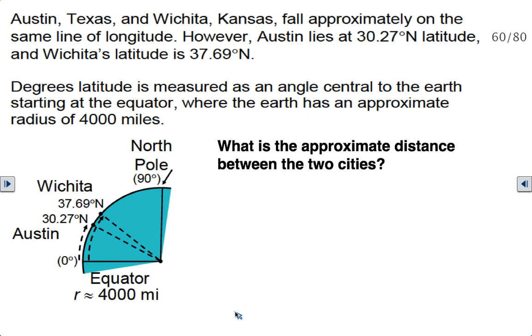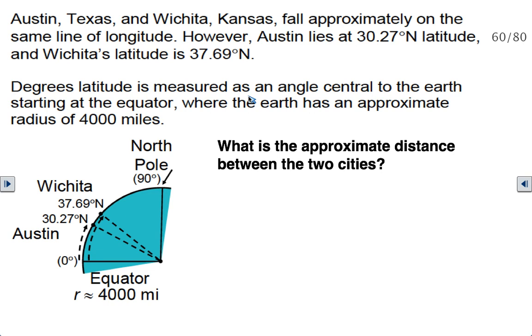Okay, so all this is, it's an application problem where we need to find the sector length, okay, or excuse me, arc length of, in this case, we're applying it to the shape of the earth. It's round, and we're going to pretend it's a perfect circle, and that the radius of the earth is 4,000 miles. And we have latitude and longitude.